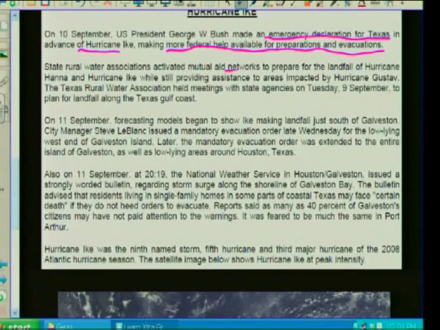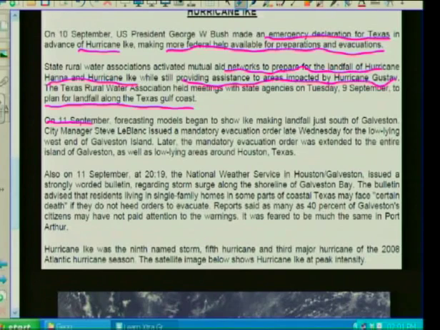A state rural water association activated mutual aid networks to prepare for the landfall of Hurricane Ike, so they were preparing for it, while still providing assistance to areas impacted by Hurricane Gustav. The Texas Rural Water Association held meetings with the state agency on Tuesday, 9th September, to plan for landfalls along the Gulf of Texas. So they're making preparations.